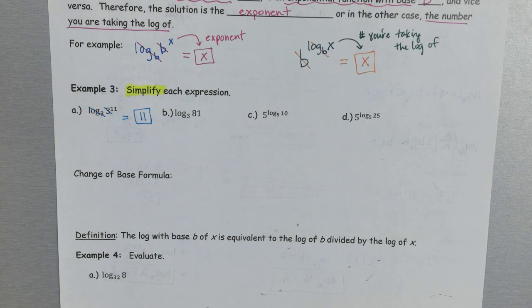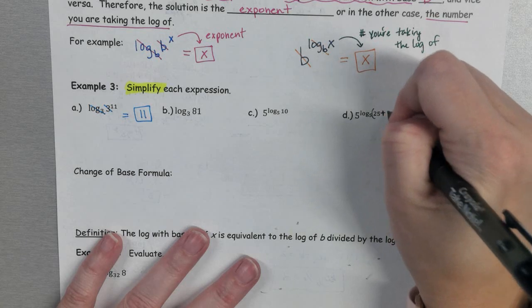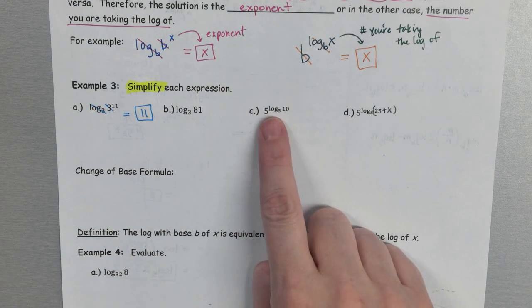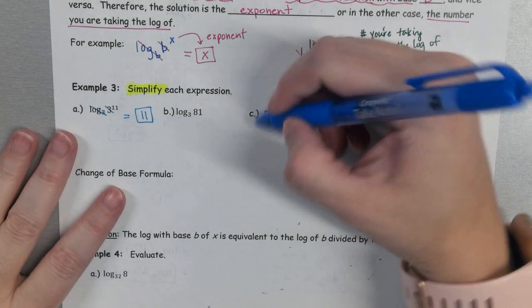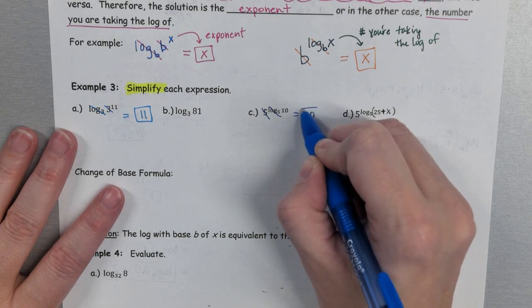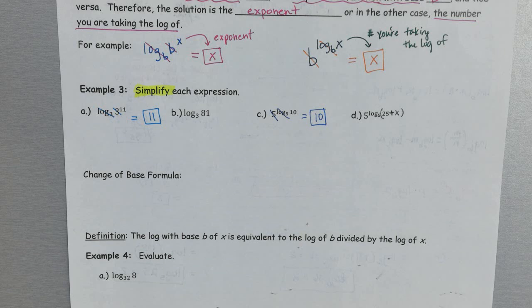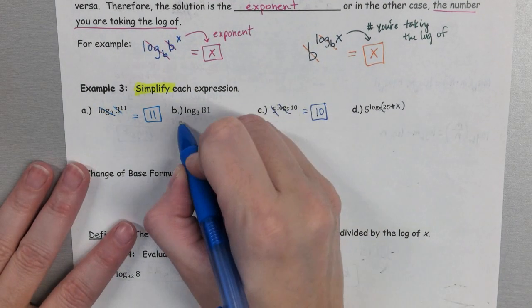I'm changing that so your exponent is 25 plus x. Let's skip to c, because for c, you have 5 and log base 5. That's another one where you can just cancel out 5 and log base 5, and you're going to be left with 10. Now for b, I can't cancel that out yet, but can I rewrite this with the base of 3?